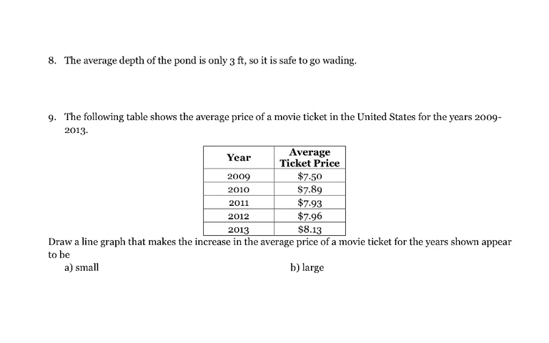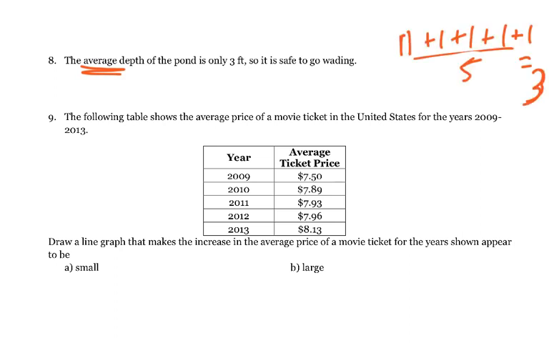I'm going to skip ahead. Number 8 is a quick one. The average depth of the pond is only 1 foot, so it's safe to go wading. Well, again, how do they calculate the average? So let's think of some numbers that would give us an average of 3 feet. We can come up with values that would give us an average of 3 feet. So let's say at one part in the pond, like the deepest part in the middle, or maybe there's a dip, it's 11 feet deep.